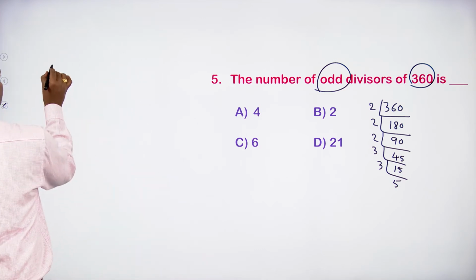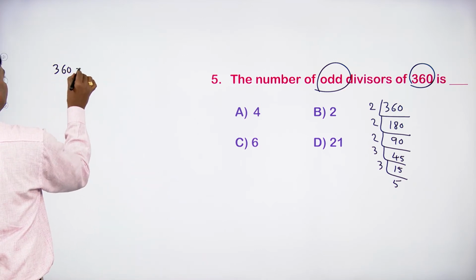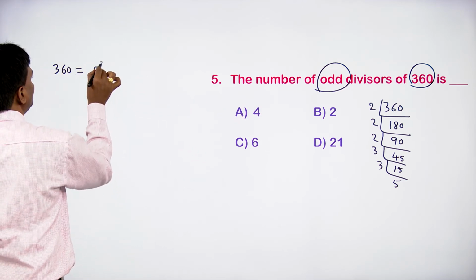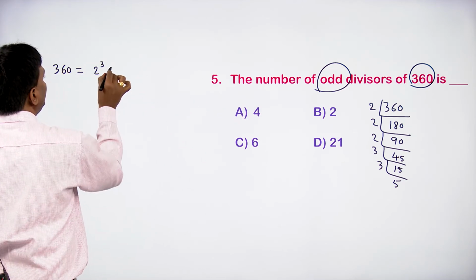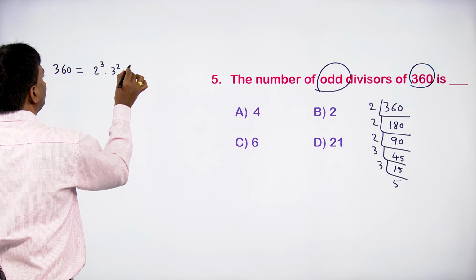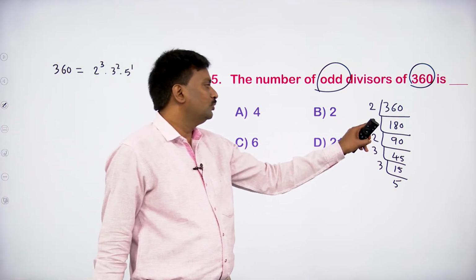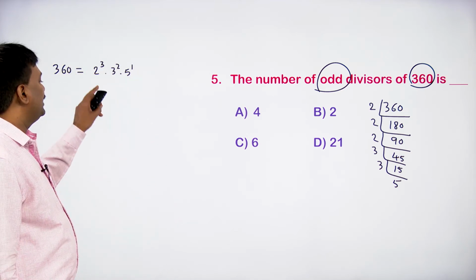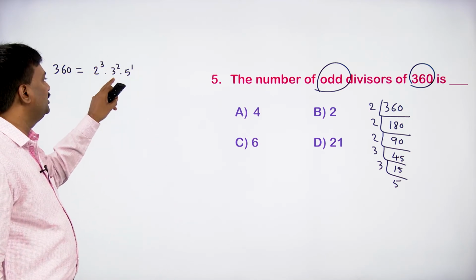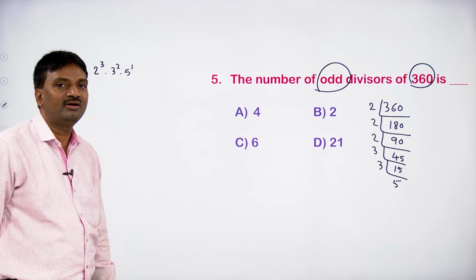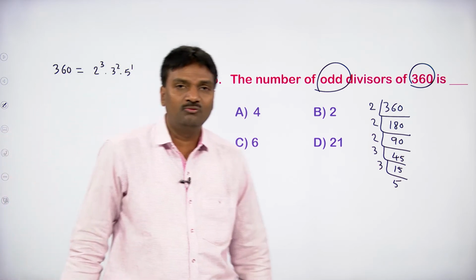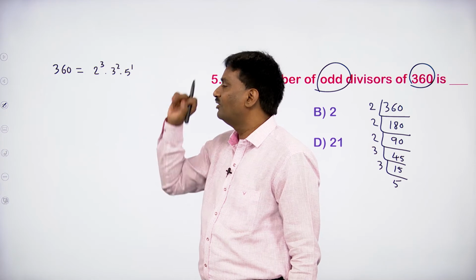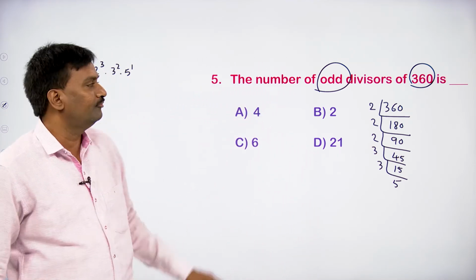So here 360 can be written as 2 cube into 3 square into 5 power 1. Now this is in the form of p1 power alpha 1 into p2 power alpha 2 into p3 power alpha 3. Here we have only 3 values: alpha 1 equal to 3, alpha 2 equal to 2 and alpha 3 equal to 1.